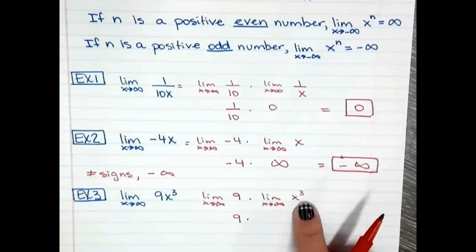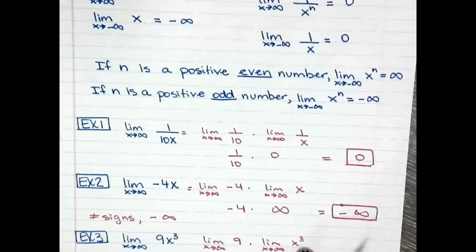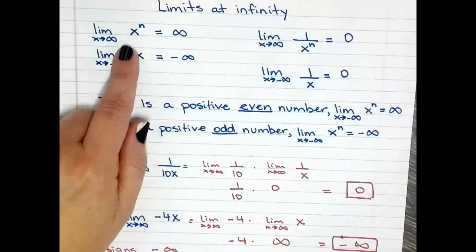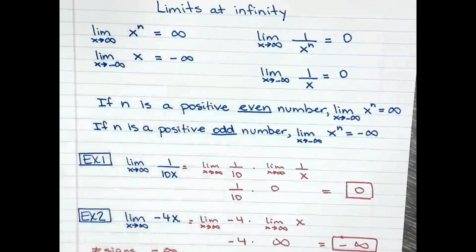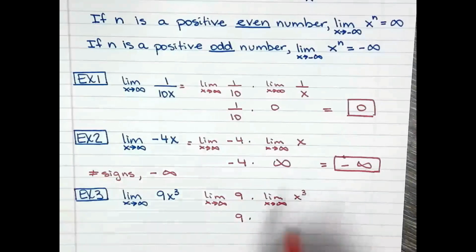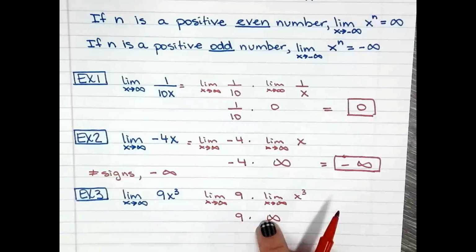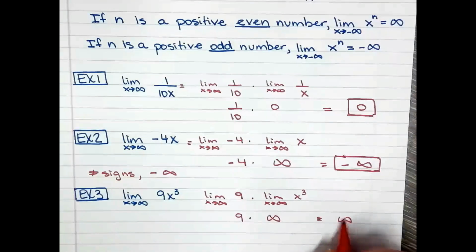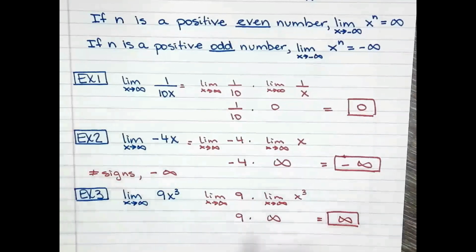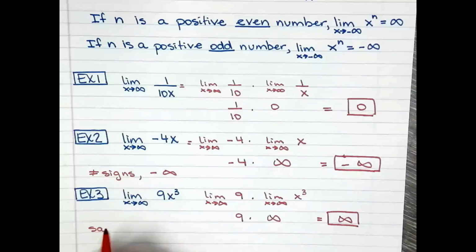And then here, I just have that right there. It's just positive infinity. There's no thought about it. So positive infinity right there. Compare the signs. They're both positive, so positive infinity. Same sign, it's positive infinity.